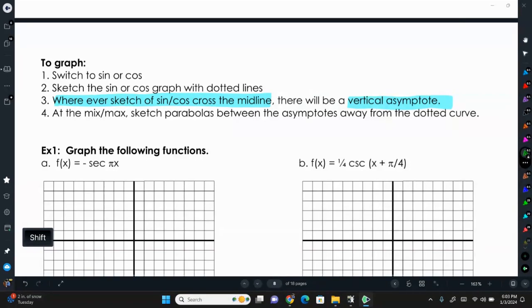And when we have a min or max, we're going to sketch parabolas away from the dotted curve, which is the midline of our corresponding sine and cosine graph.